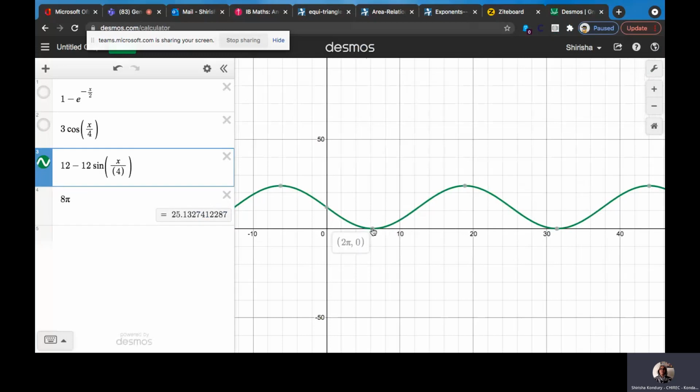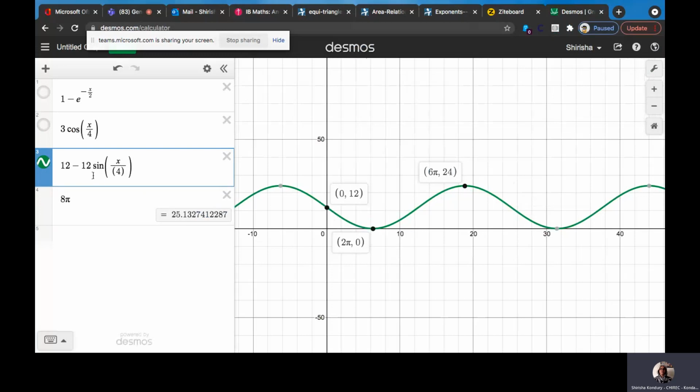We have only one x-intercept between this, and for the maxima and the minima, there is only one maxima which is occurring at 6 pi. There is no minima because by the time we reach 25, we don't reach any value which is either a maxima or minima. The other intercept that we have to mark is this 0,12, which is the initial value of velocity. So these are the 3 points that you will label when you are graphing.